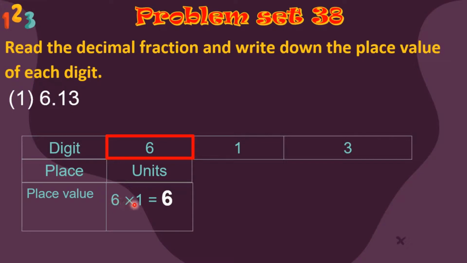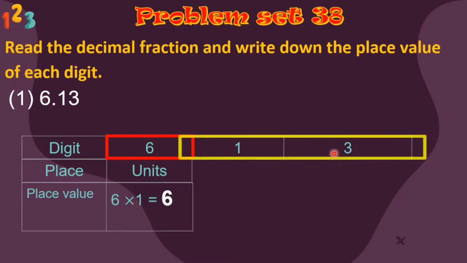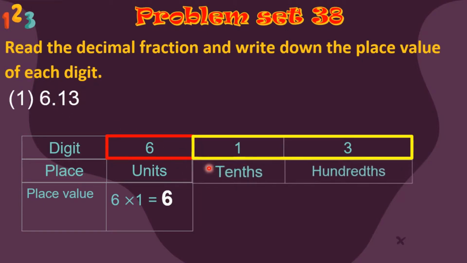Now let's move to the decimal part of this given fraction, that is 1 and 3. We know that the first place after the decimal point is the tenths place and the second place after the decimal point is the hundredths place. Let us calculate its place value.